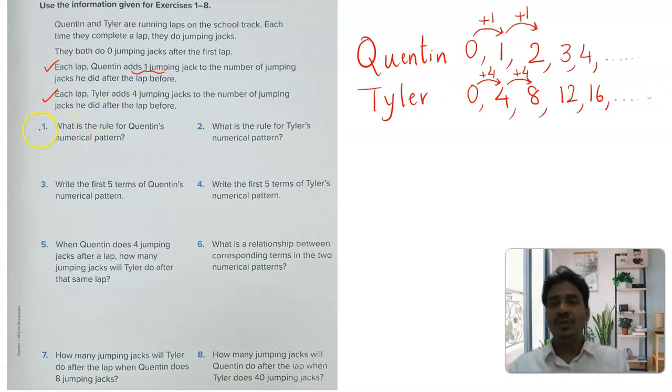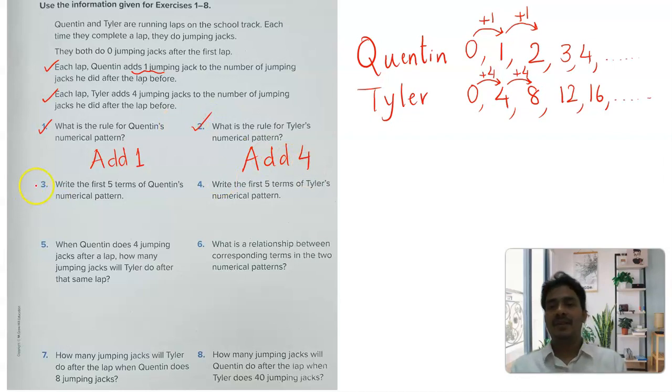What is the rule of Quentin's numerical pattern? As you can see, in Quentin's numerical pattern, we are adding 1 to it. The rule is add 1. What is the rule of Tyler's numerical pattern? As you can see, Tyler's numerical pattern is add 4.